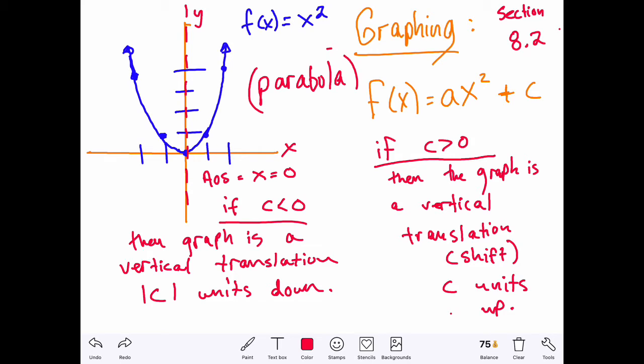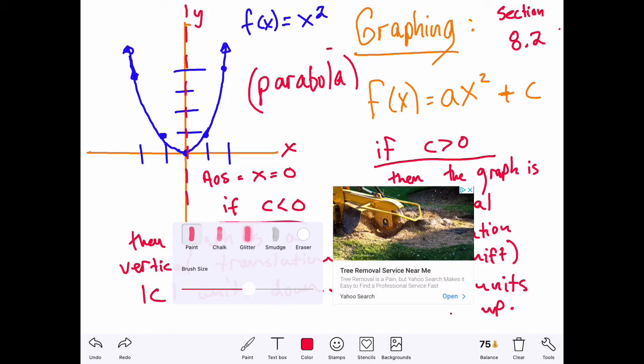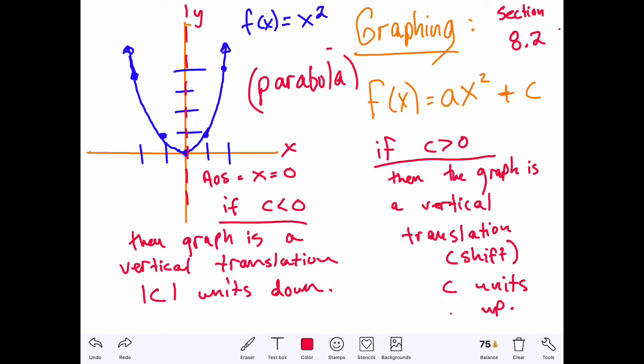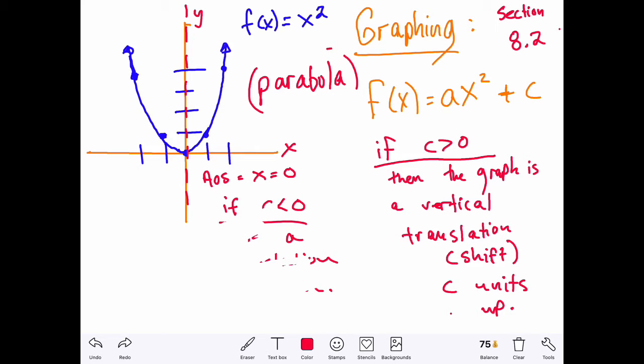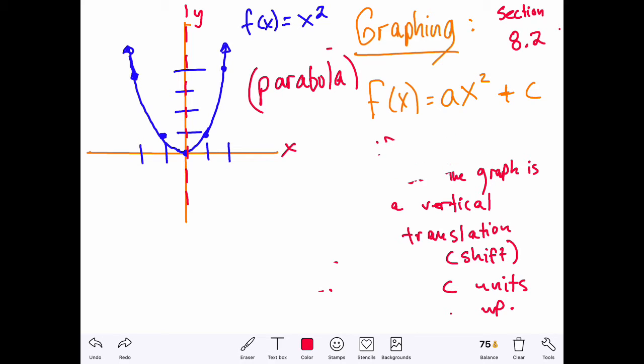Okay, so with those definitions, I'm going to go ahead and erase, and let's look at a problem here. So c greater than 0, shifted upwards by that unit. C less than 0, shifted downwards by that same amount.